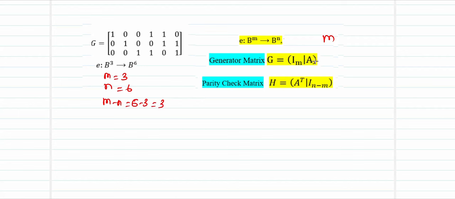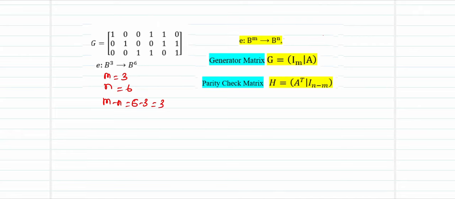So what is going to be my G now? G is going to be I_M augmented with A. M is going to be 3, so I3 augmented with A. What is I3? I3 is the identity matrix of order 3, which is 1, 0, 0, 0, 1, 0, 0, 0, 1.